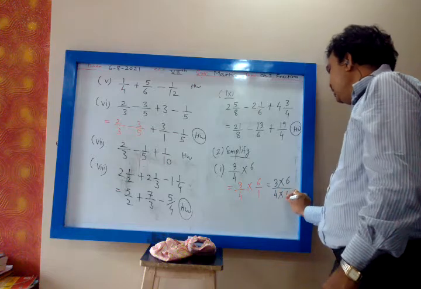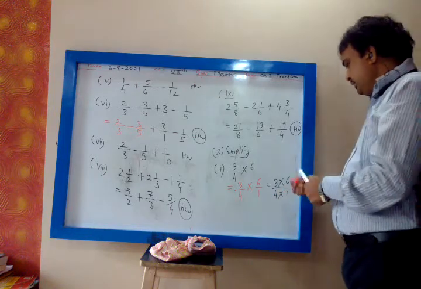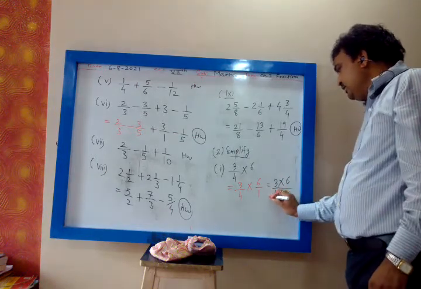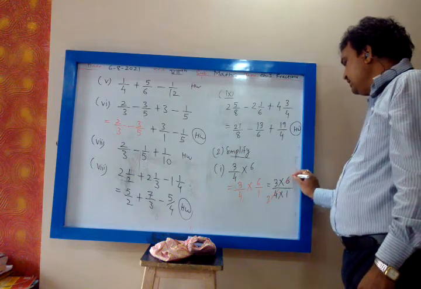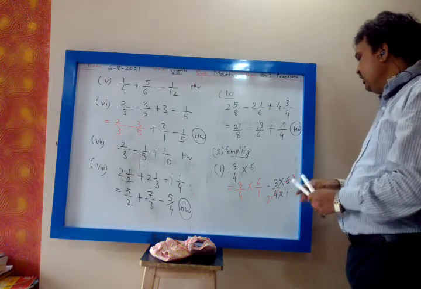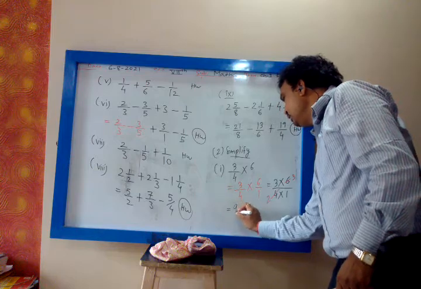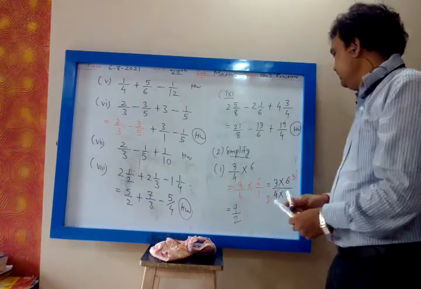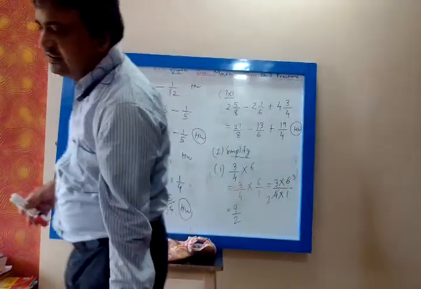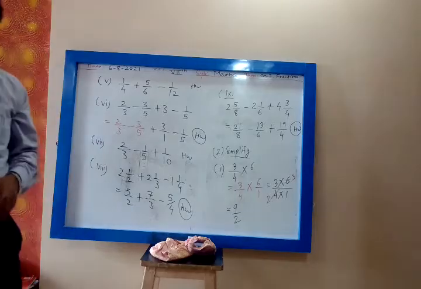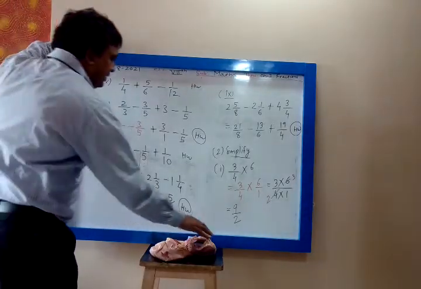Now you have to cancel the common factor. 2 2s are 4, 3 2s are 6. Now nothing is common. 3 3s are 9, 2 1s are 2. Answer is 9 by 2.